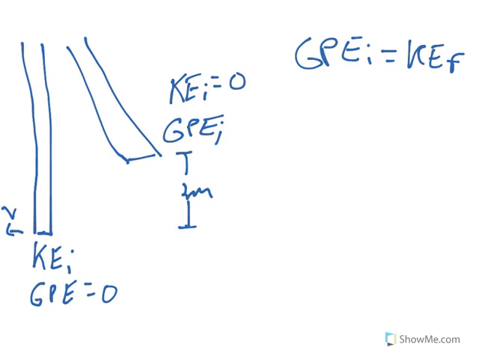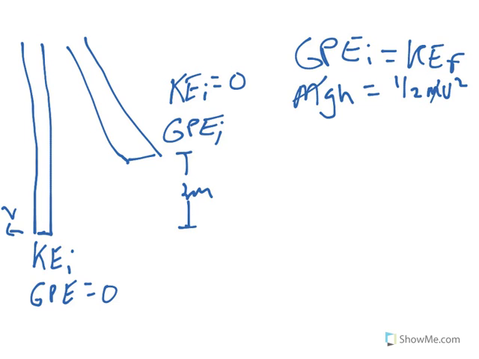So now we're going to plug in symbols. mgh equals 1/2 mv squared. And you may go, oh, we don't know the mass of the girl. Well, that's very convenient because we can cancel out the m's.